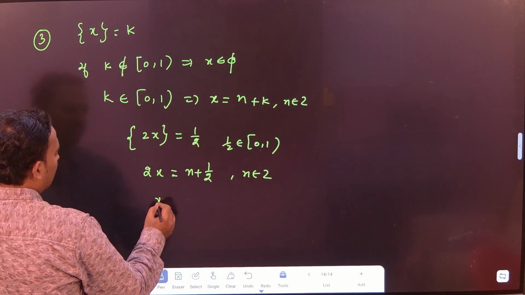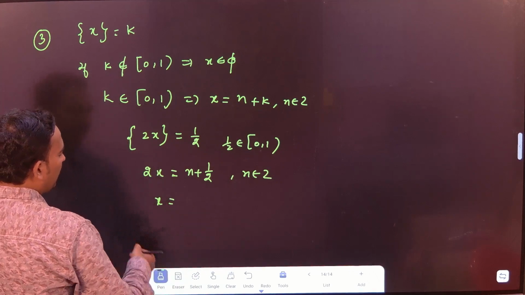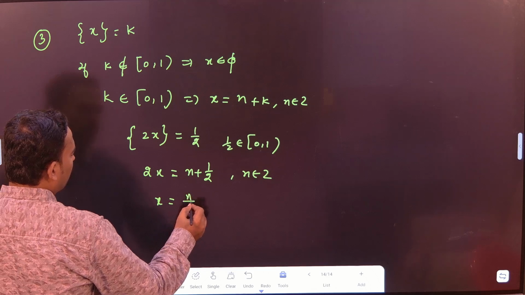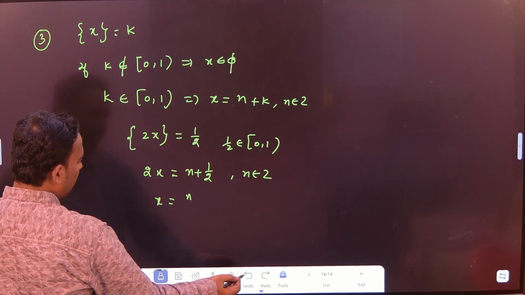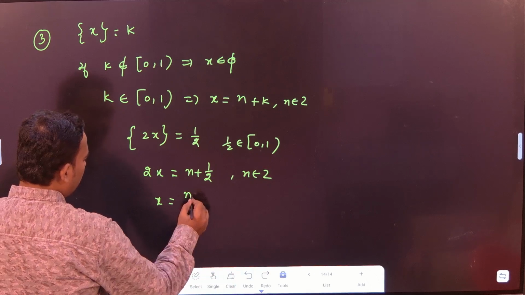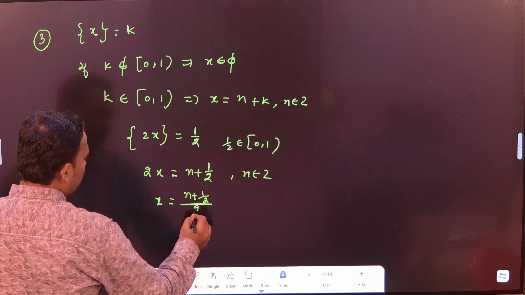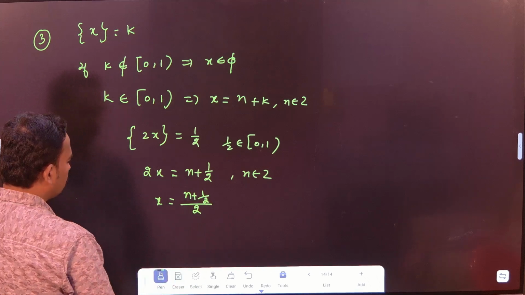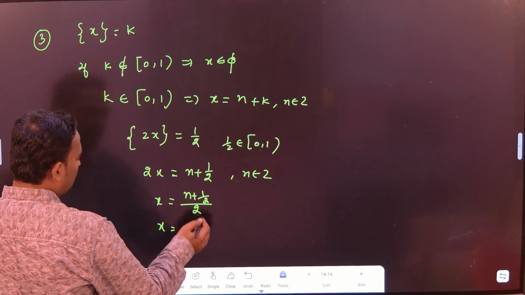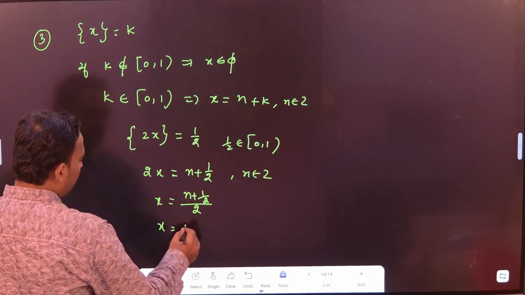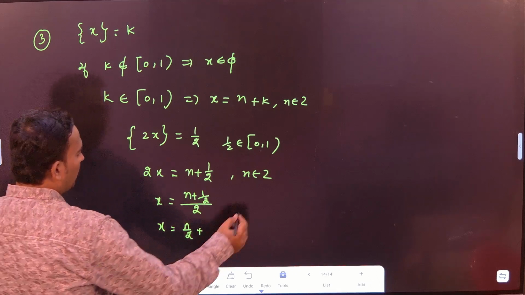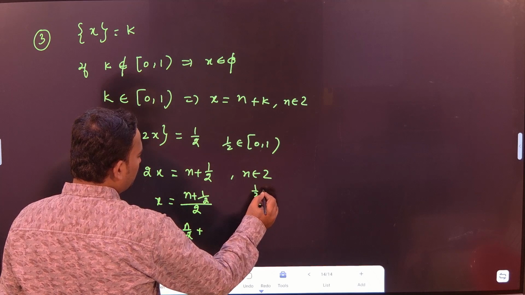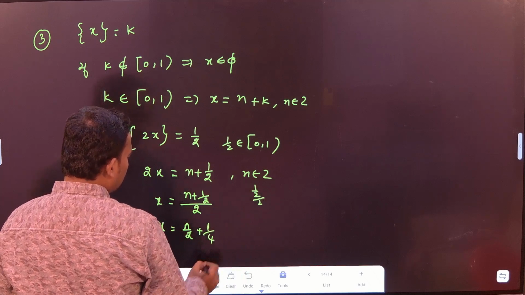So what is x here? You have to divide by 2. So you'll get n plus 1 by 2, therefore x is equal to, dividing separately, n by 2 plus 1 by 2 divided by 2, which is 1 by 4, right?